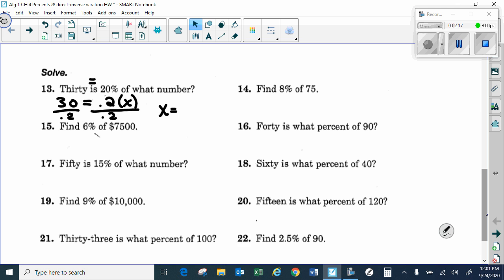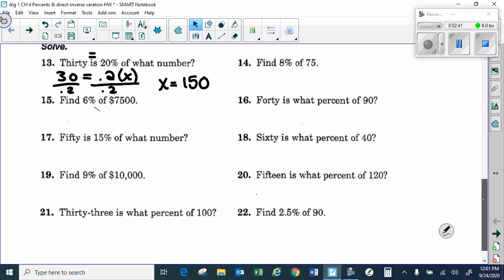That's the same thing as dividing by 1/5. Remember, 0.2 is 1/5 as a fraction, so you multiply by the reciprocal, 5. So 5 times 30 is 150. If you went 30 divided by 0.2, you would also get 150. So there's that one from that section.